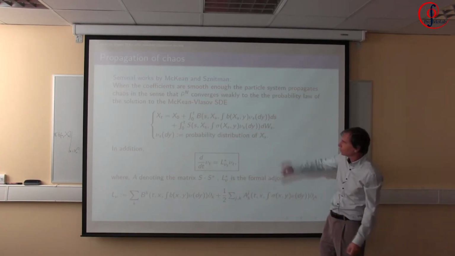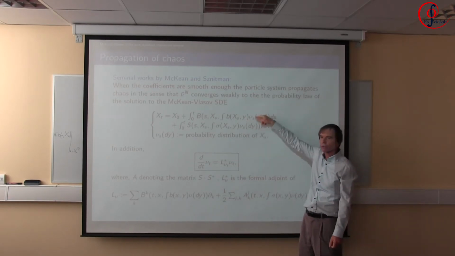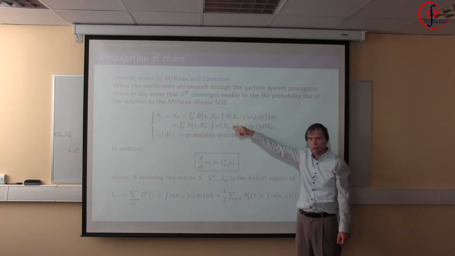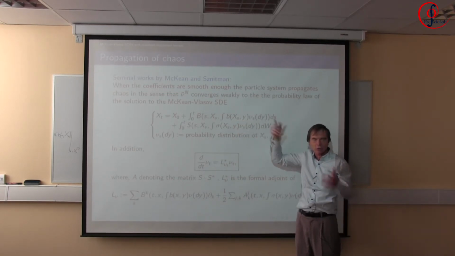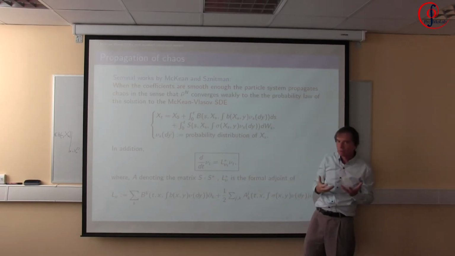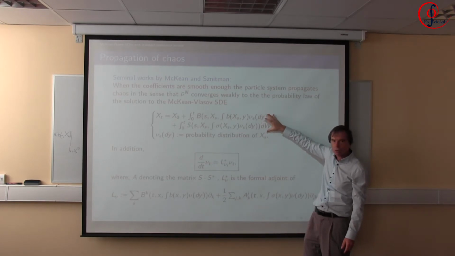You are looking for the solution of an equation whose coefficients depend on the probability distribution of the solution. That explains why, at least intuitively, this structure will allow us to interpret nonlinear PDEs.